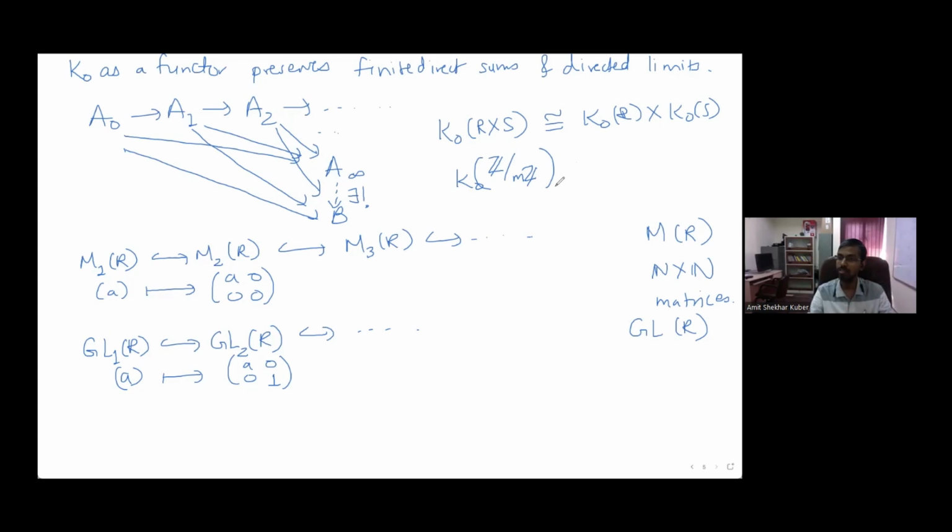K0 of Z mod mZ for any non-zero m. Yeah, you can use the Chinese remainder theorem to write it as a direct sum, the direct product of rings, where Z mod prime powers. And then you can use the same result to compute this. Right.